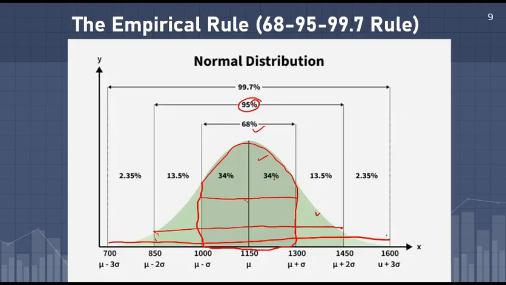So if your data follows a normal distribution, it is highly unlikely, 99.7%, that you will get some value outside the range of mu minus thrice sigma and mu plus thrice sigma. I repeat it.